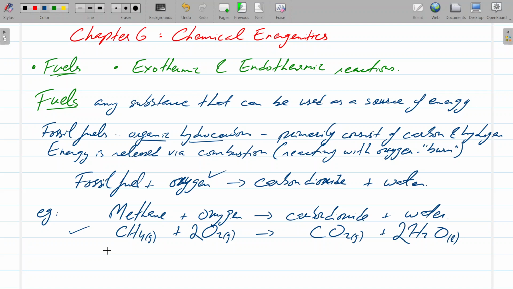It's a mix of hydrocarbons. If you've heard of CNG, compressed natural gas, that's mainly methane, but it does have some other stuff mixed into it, like ethane and propane, and then some sulfur. So that's information given in the text.